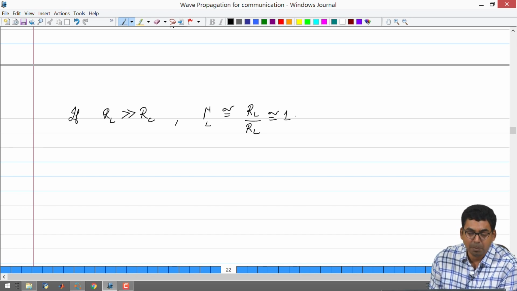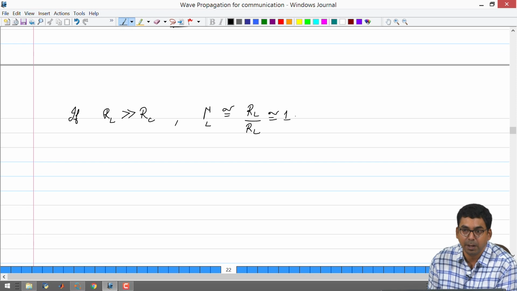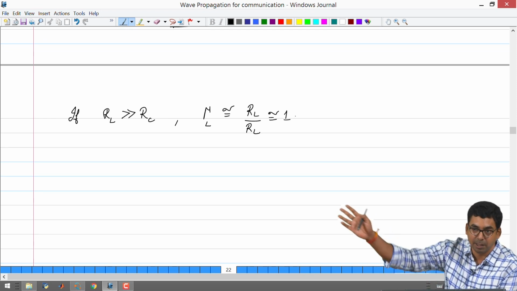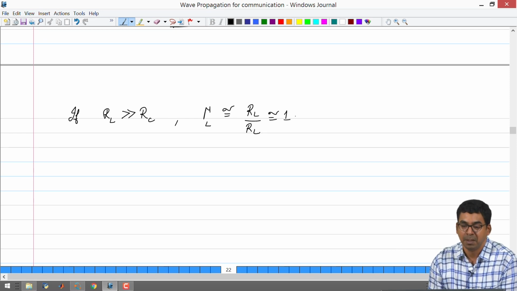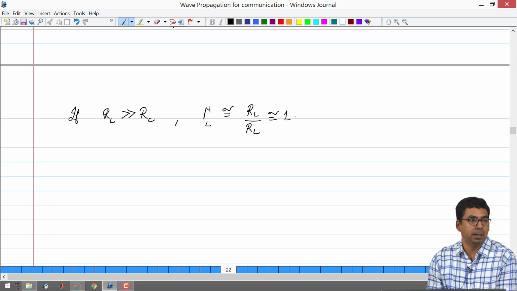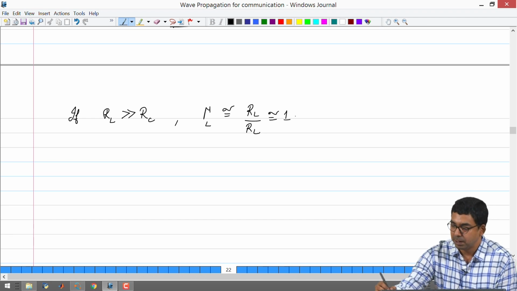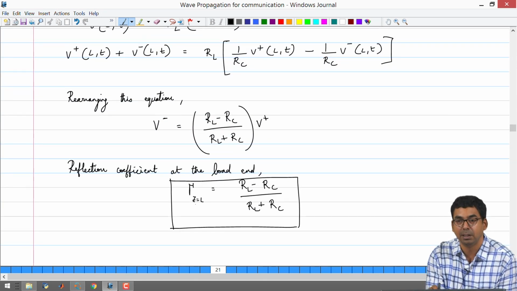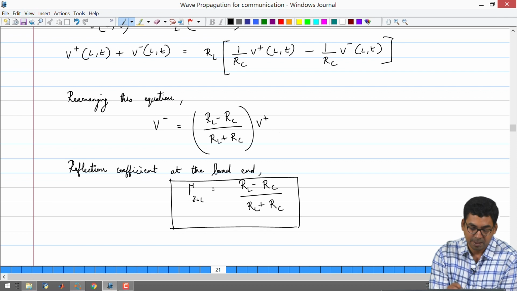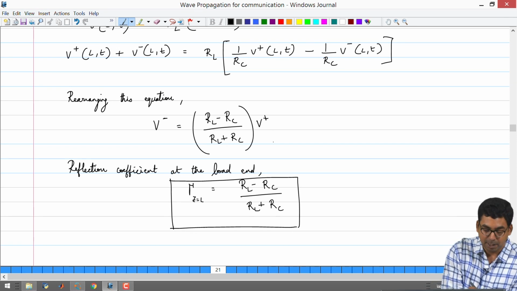In even more practical terms, if your load resistor is not even connected and there is an open circuit in your transmission line, your reflection coefficient is going to be equal to 1. Now, this reflection coefficient needs a little more explanation. The reflection coefficient here corresponds to V minus divided by V plus, so a clearer way of saying that is a voltage reflection coefficient.